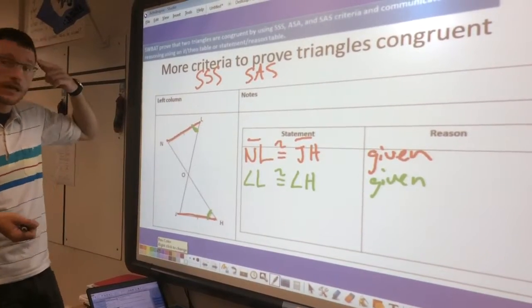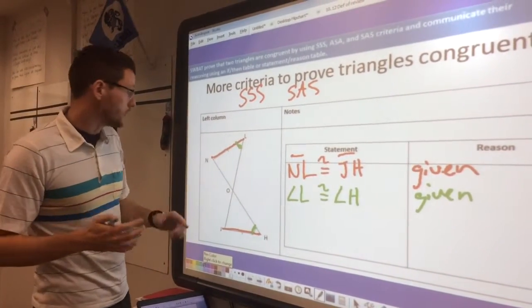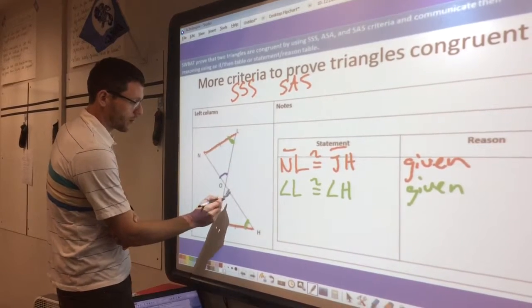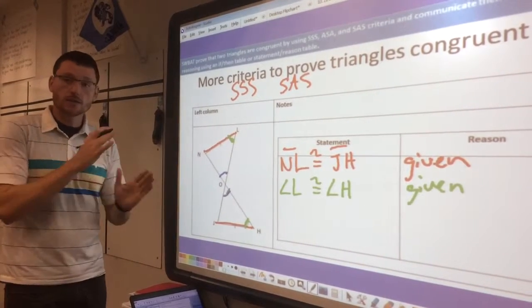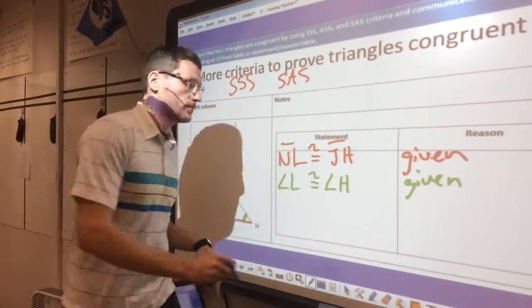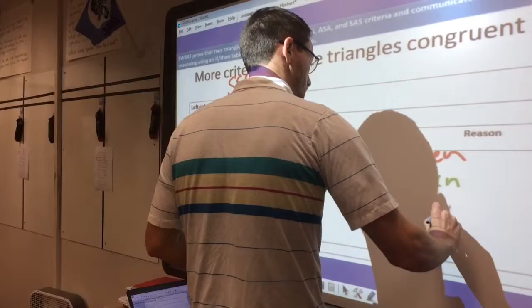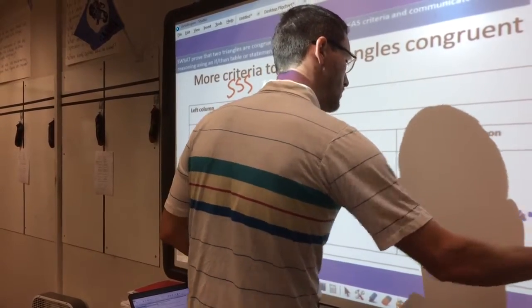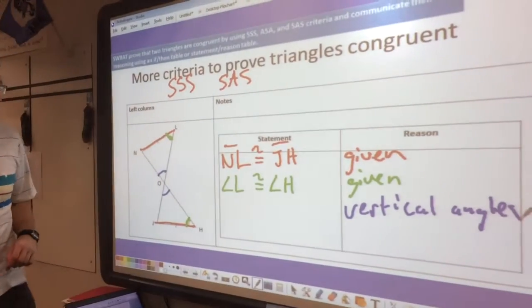So same thing as last time, we're going to dive back into our previous knowledge, okay? And when I look at this problem, I see right here in the middle, I've got angles on opposite sides where 2 lines cross, which means those have to be vertical angles. Okay?